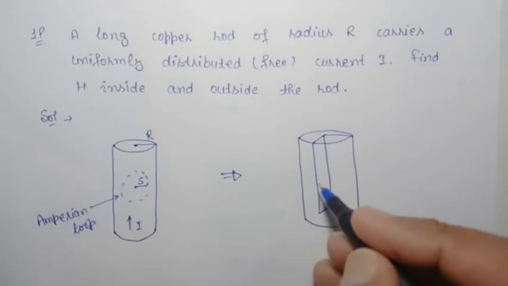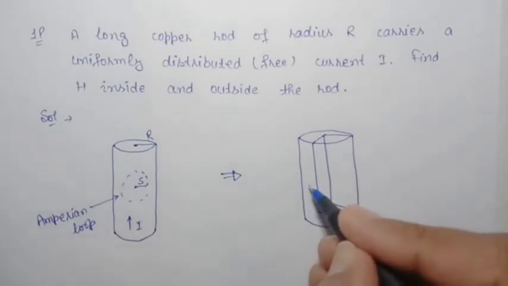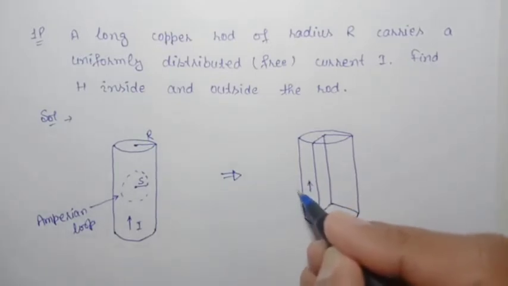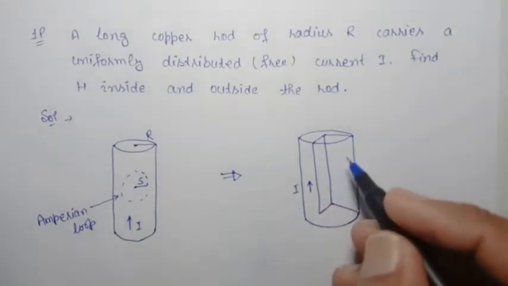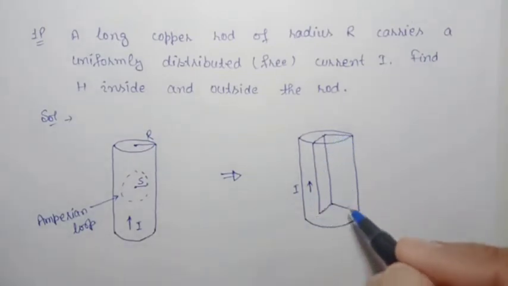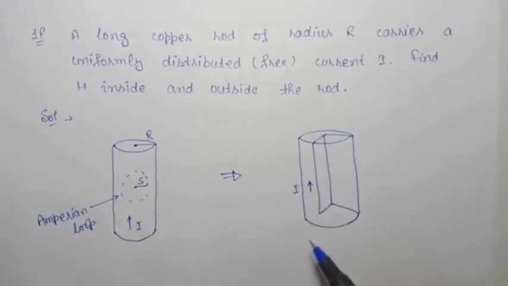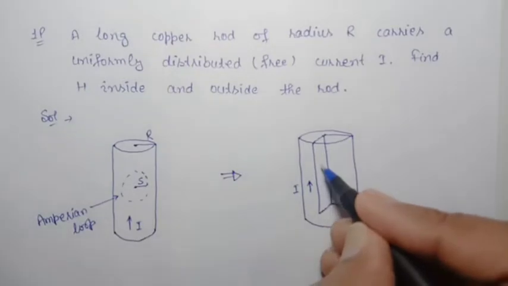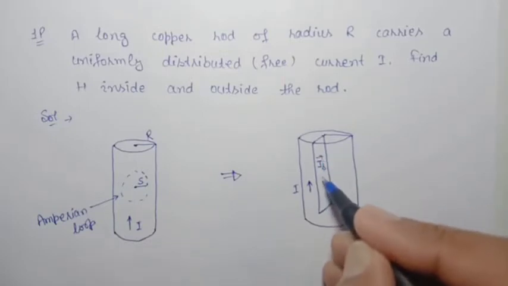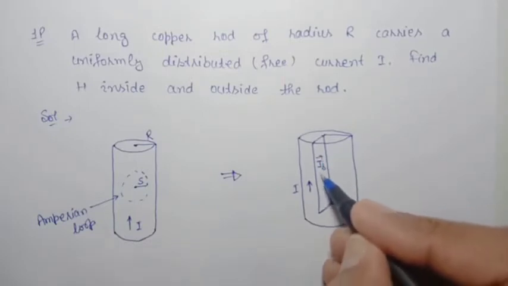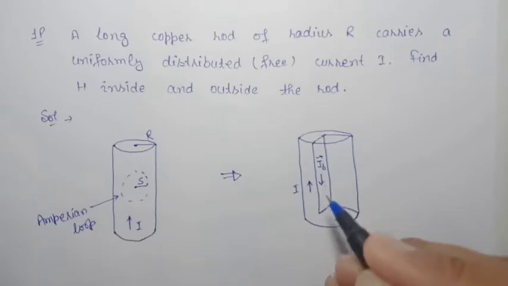So as per the problem, suppose current I flows in the upward direction. Because copper is a diamagnetic material, the volume current or volume bound current will move in the opposite direction.